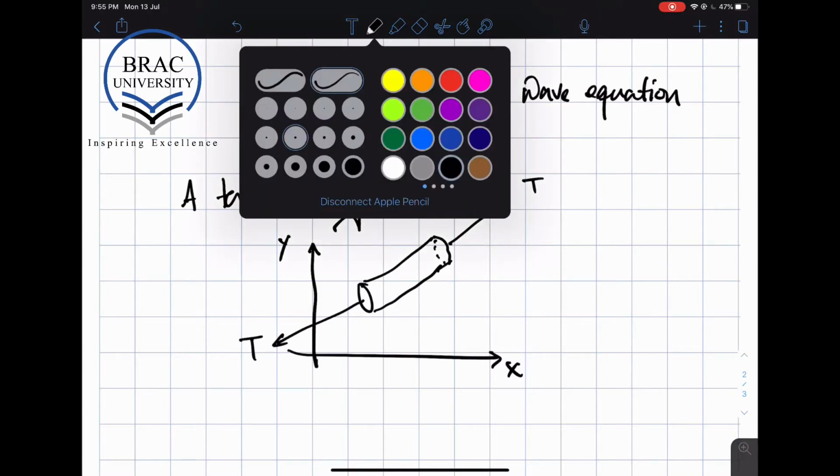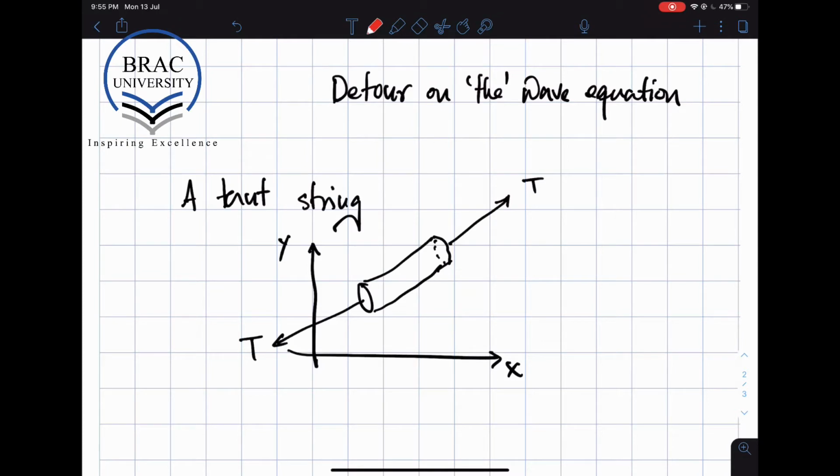So let's introduce some parameters. The angle that the tension here makes with the x-axis is theta, and the angle here is going to be theta plus delta theta. This is the x value, and here we have x plus delta x, and this is y, and over here, this is going to be y plus delta y.